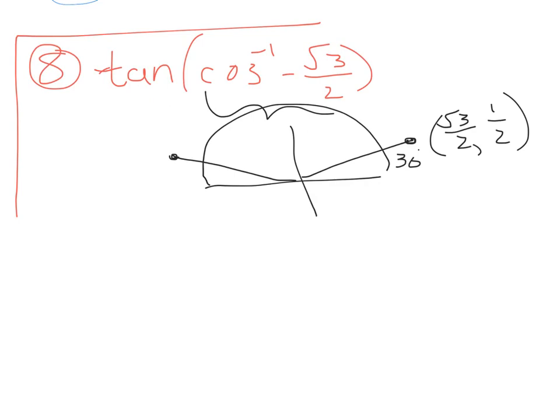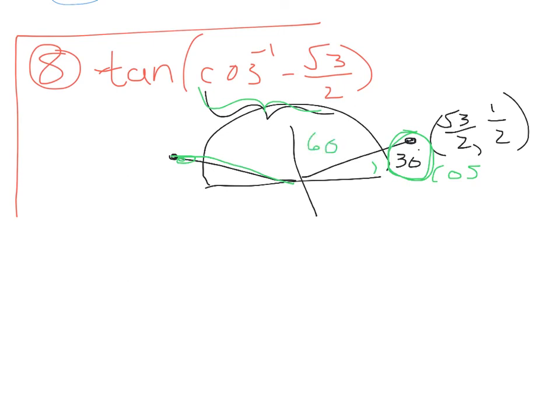Okay, so for this first problem, I'm trying to find at what angle is cos negative root 3 over 2. I always work in the first quadrant. I know my answer is between 0 and 180. In the first quadrant, I ask myself, where is cos some form of root 3 over 2? At 30 degrees. So I'm going to reflect that and see where I end up in the second quadrant. I know the difference from 30 to the y-axis is 60.